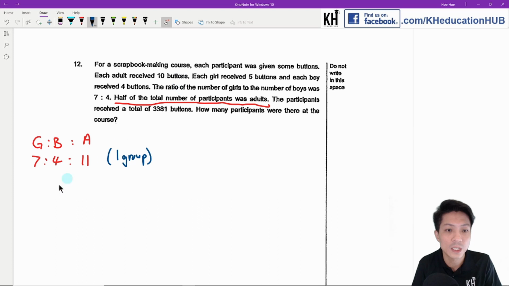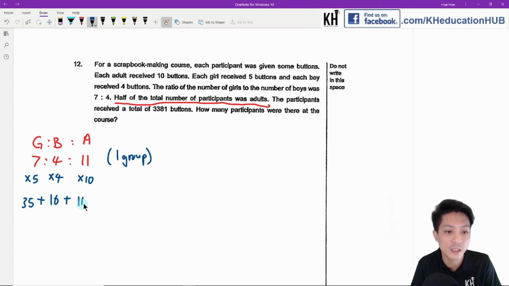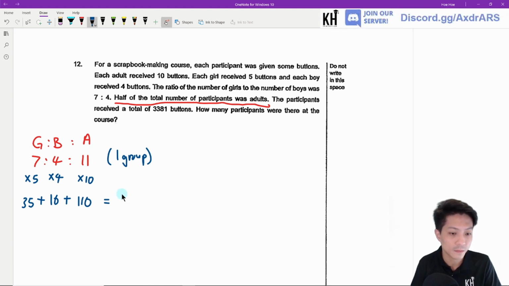Okay, so each adult received 10, so you times 10. And each boy received 4. Each girl received 5. Then you add them all together. So 35 plus 16 plus 110 is equal to 161.